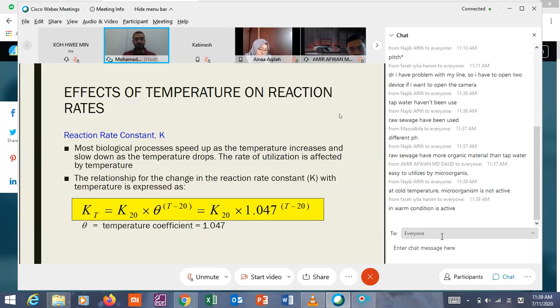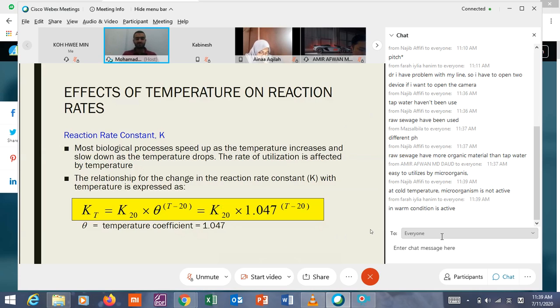So how do we adjust the value of K? We have the standard values of K at K20, or 20 degrees. But if we are dealing with higher temperatures like 25, 30, or 35, the K has to be different.